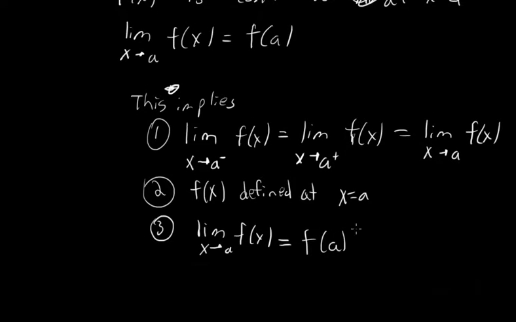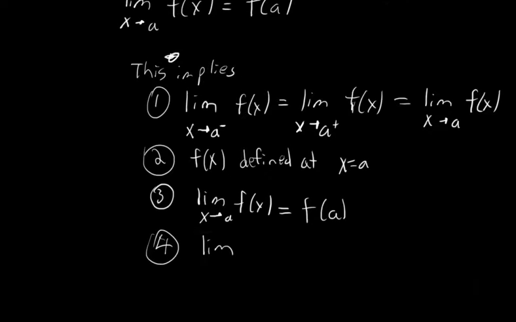Okay, so what can we glean from this? We see that the limit as x approaches a of f of x is equivalent to both the limits as x approaches a from the left and the right of f of x. So putting statement 1 and statement 3 together, we can draw the conclusions in statements 4 and 5.